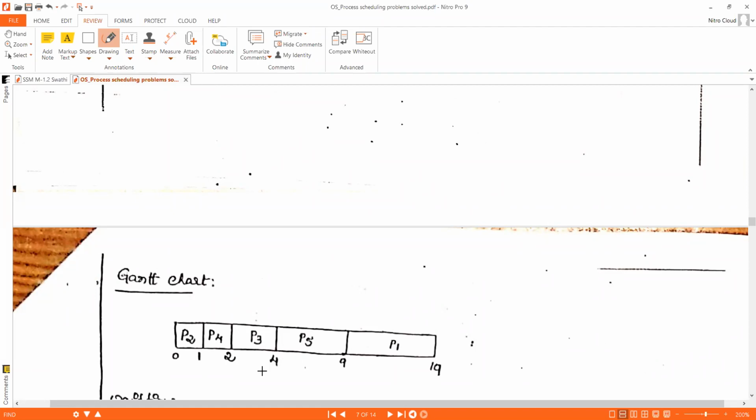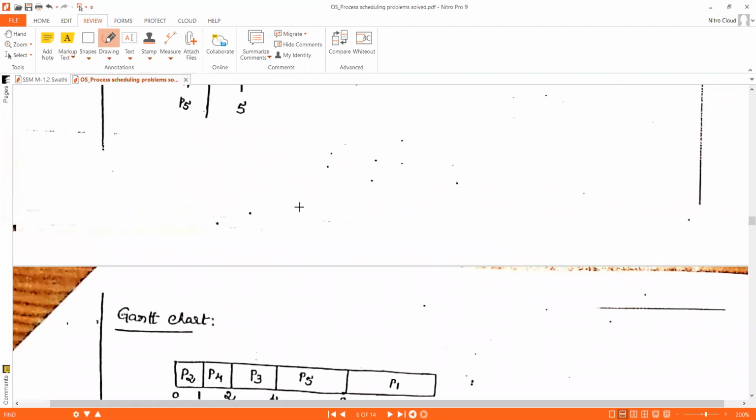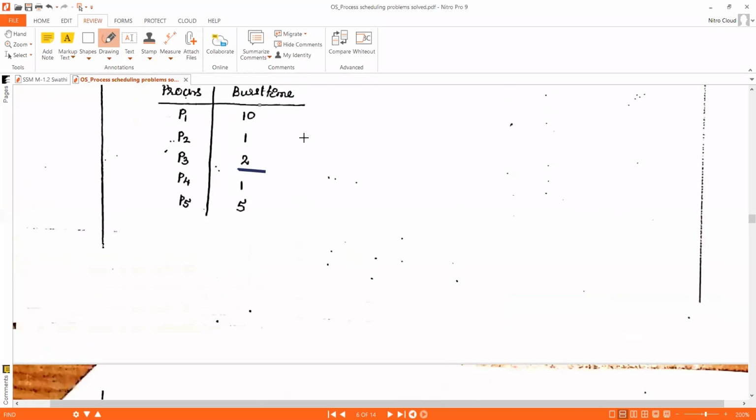Okay, now at clock time 4 milliseconds, we have two other processes in the waiting queue, that is process 1 and process 5. Among these two, the one with the shortest burst time is process 5. So the CPU will be allotted to process 5.